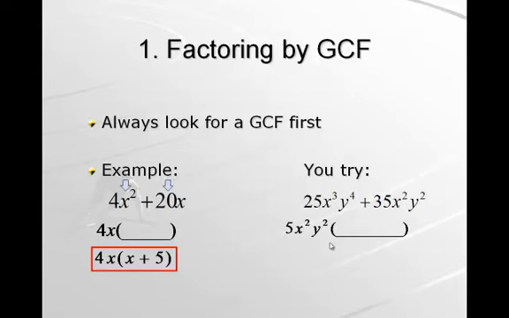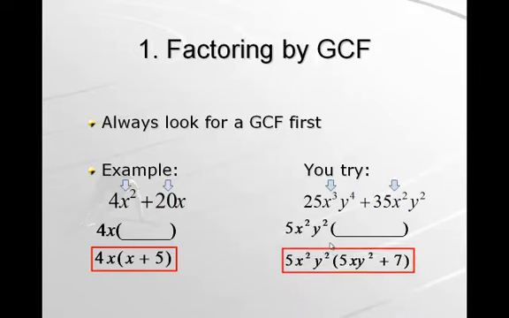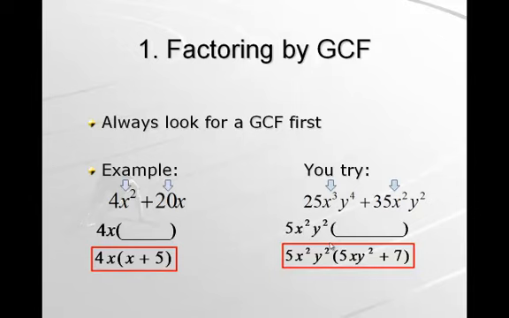Now we look at each term and see what's left over. From the first term, when I take 25 and divide out by 5, I have 5 left over. From my 3 x's, 2 are gone, 1 is left, and from my 4 y's, 2 are gone and 2 are left. So first term leftovers are 5, x, and y squared. From the second term, 35 divided by 5 is 7.